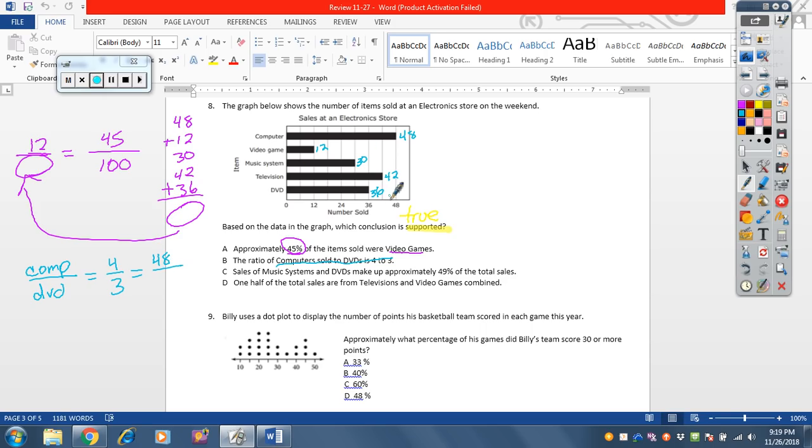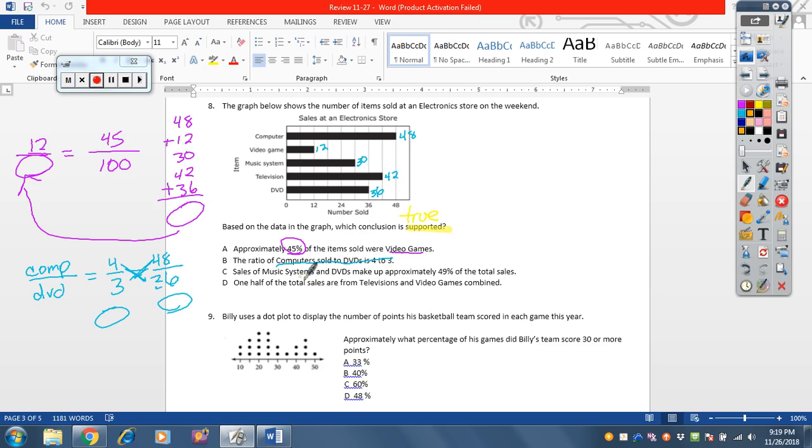And what's the number for DVDs? Now, cross product. Are they equal? 4 times 36 and 3 times 48. If they're equal, the answer is true. If it's not equal, the answer is false.